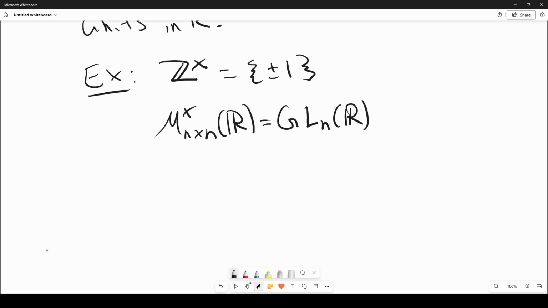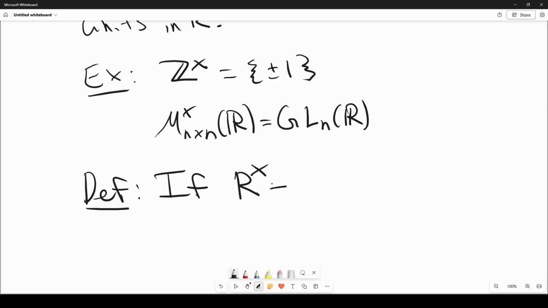Okay. And so going off what we were talking about earlier about fields, we can now define: if every element except for 0 has a multiplicative inverse, meaning that every non-zero element is a unit, and the reason why we don't include 0 is because 0 times nothing will ever get me to 1, because 0 times everything is 0.